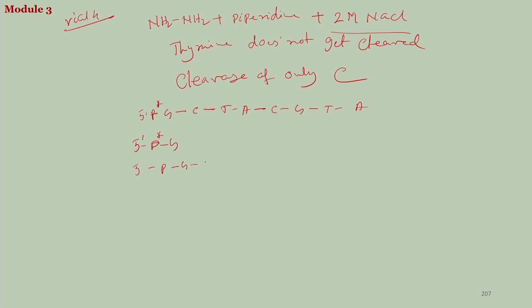P, G, C, T, A, C would be cleaved. G, C, T, A, C, G, T, A, the full length. So, again if you compare with vial 3, you will get all the fragments that are there in vial 4, and vial 3 will contain some more fragments for thymine.